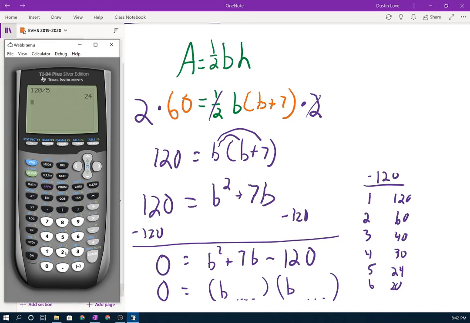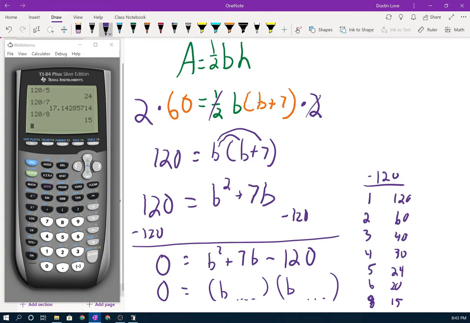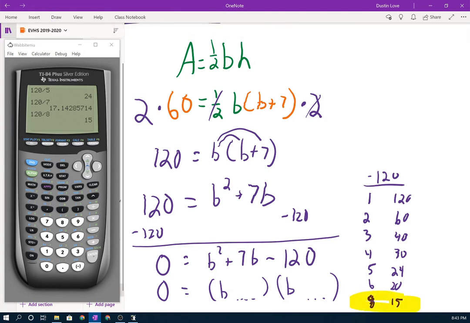I don't believe 7. Nope, 7 doesn't work. It's got a decimal, so that doesn't work. 8 does. And I'm going to stop there because I was looking for a set of numbers that add or subtract to give me 7, the middle term.